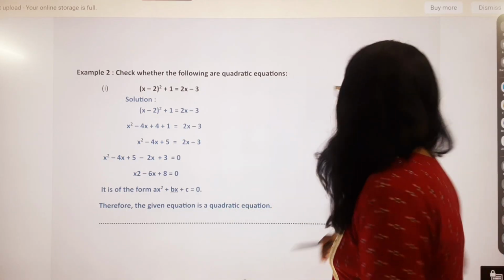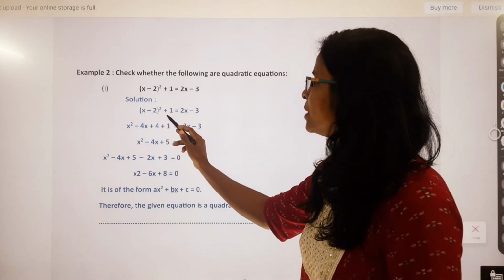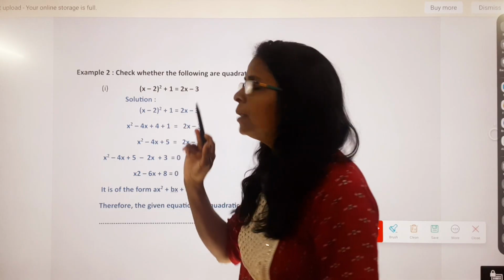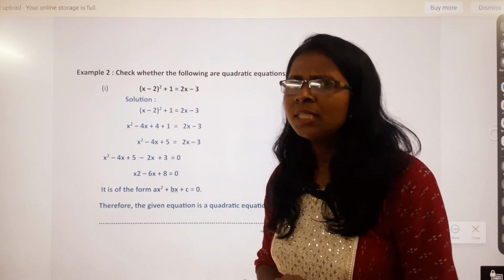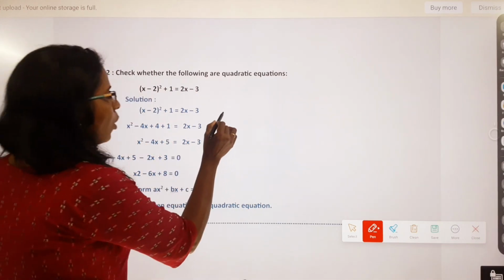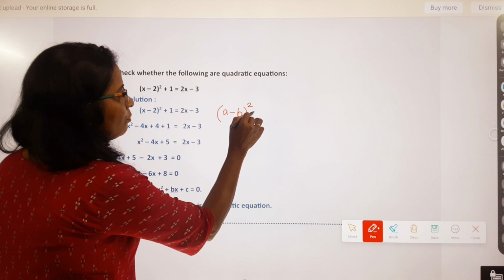First, x minus 2 whole square plus 1 is equal to 2x minus 3. Now, what is the square of x minus 2? On the basis of a minus b whole square, what is the expansion?